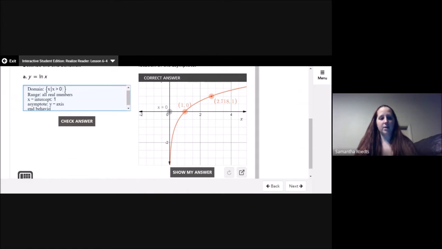And the end behavior is as x approaches 0, y approaches negative infinity. And as x approaches infinity, y also approaches infinity.